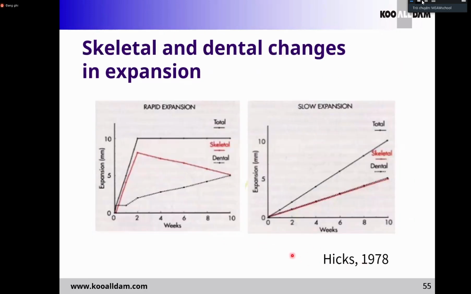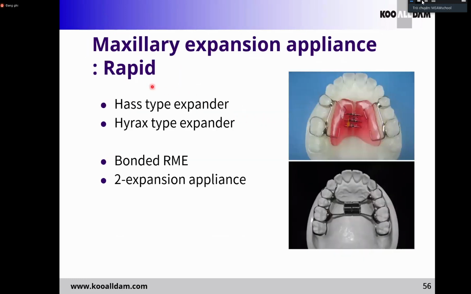Dr. Hicks reported that at first, rapid expansion gives the greatest skeletal and dental change. However, after post-retention, the net result is almost the same. So as you know, this is a rapid maxillary expansion. There are two types.